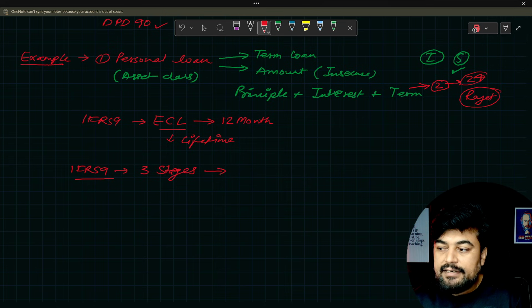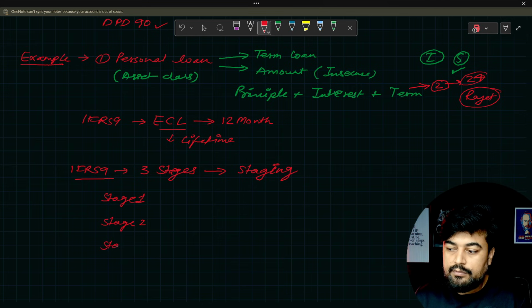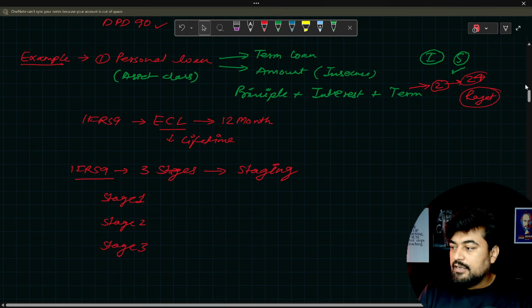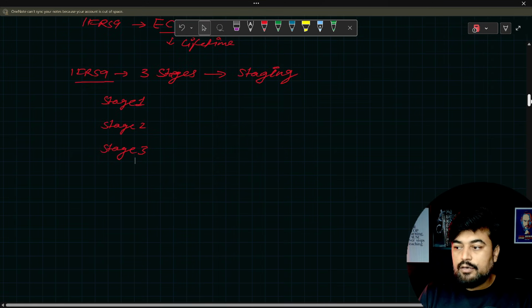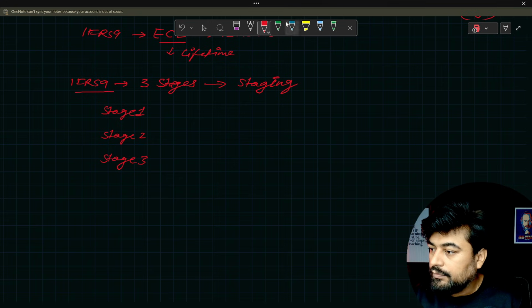And there is a mechanism of staging. So you have stage 1, then stage 2, then stage 3. So in this particular IFRS 9 model, you have 3 stages for calculation of ECL overall. Now what is ECL? ECL is expected credit loss.